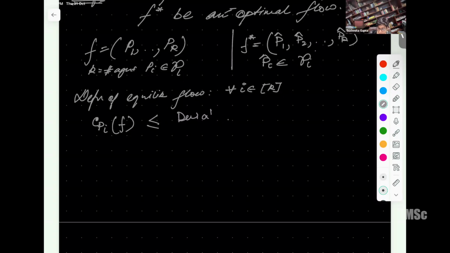The cost of unilateral deviation by I to pi hat, which is equal to what?